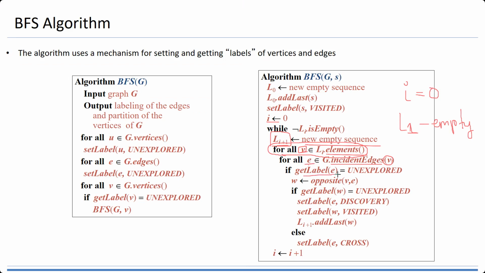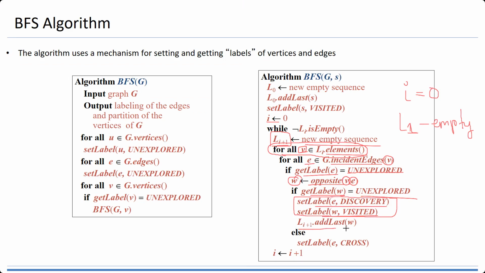So let's get the label. If the label is unexplored, then check the opposite of the node. Check the opposite of v based on e. And then if the label of w is unexplored, then you set the label: the label of e is discovery and the label of w is visited.